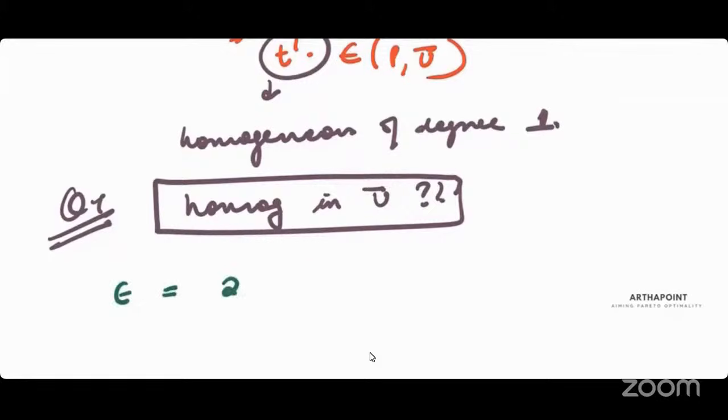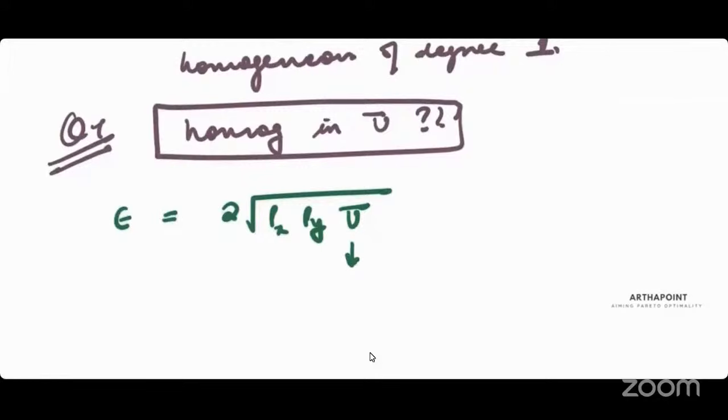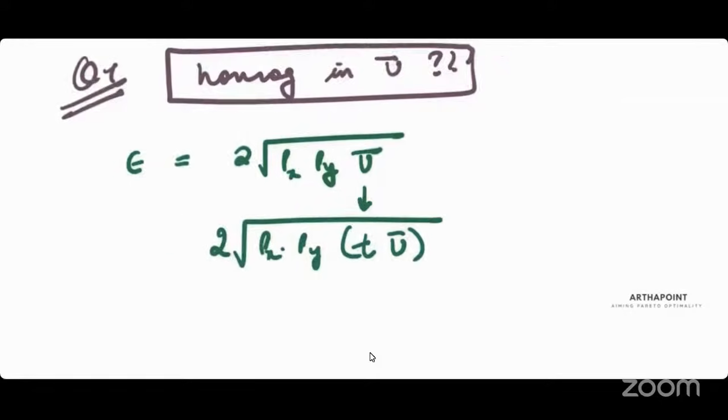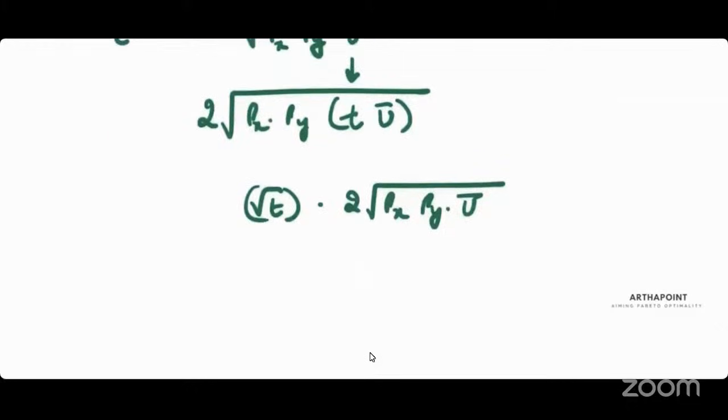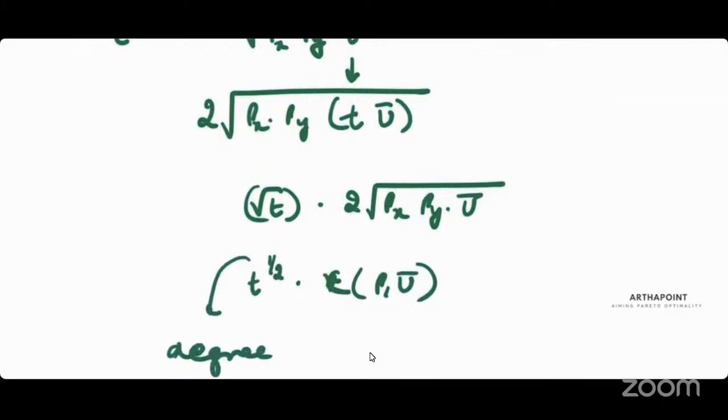Your expenditure function is 2 root Px Py U bar. And now instead of U bar, you will write t U bar, Px Py under root. And now, can t come out? Yes, you can have root t into 2 root Px Py U bar. So this will be t to the power half into the initial expenditure function. So the degree of homogeneity is half.